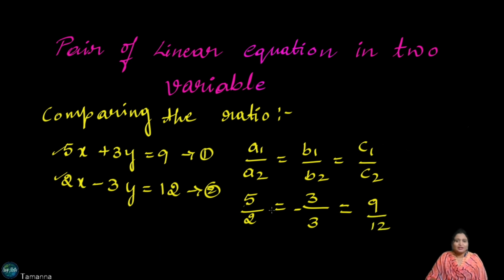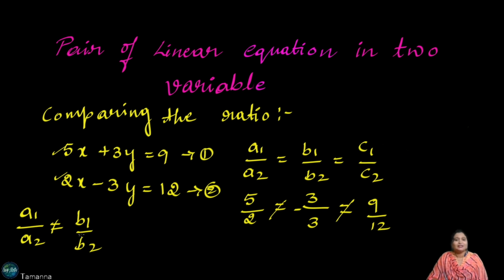Here 5 is not equal to 3, and 2 is not equal to minus 3, because purely the numbers are different. So if A1 by A2 is not equal to B1 by B2, then there is no necessity to go to C1 by C2. Finally, you write A1 by A2 is not equal to B1 by B2.